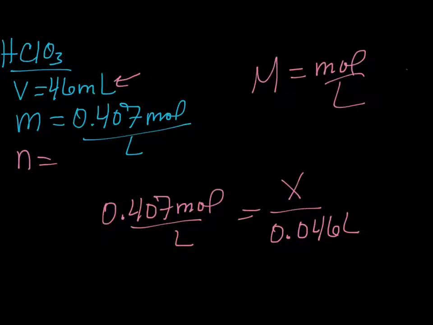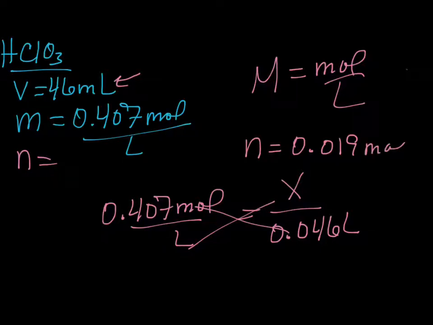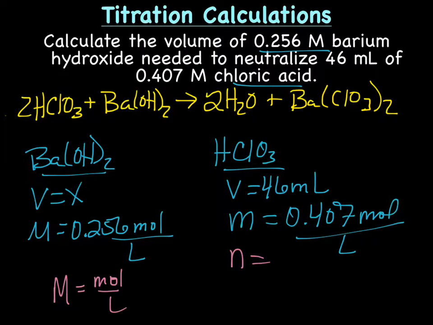And now we'll cross multiply and solve for X. And that gave me an n of 0.019 mole, keep taking into account sig figs. All right, so let's put that information here.